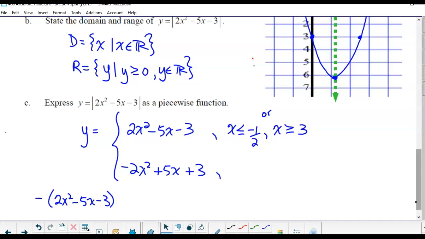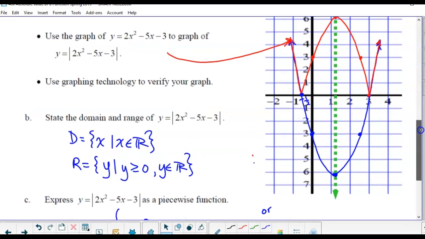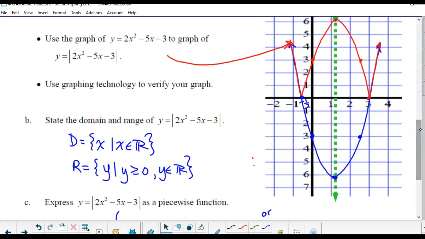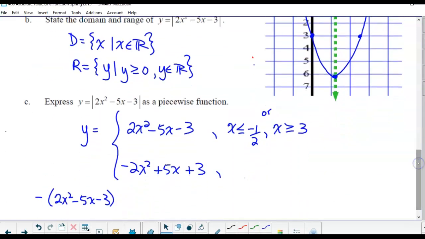Okay, so the next, where did we actually have to reflect? So this absolute value is the red. We had to reflect all of these points here. What are the x values of those points? They're everything in between this. So if I've included the equal signs there, then I don't include them here. Or if I include them here, I don't include them there.